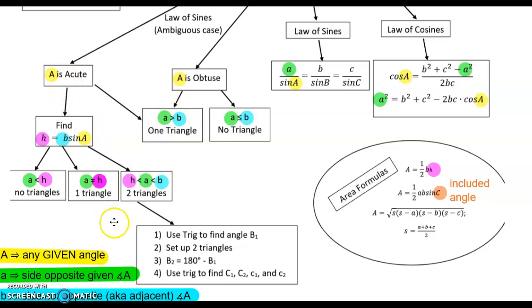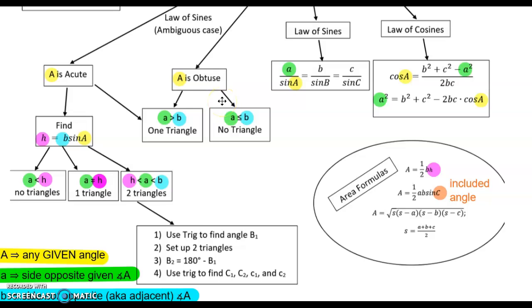Which also means that side A doesn't necessarily mean side A. It's the side that's opposite your given angle. And side B doesn't necessarily mean side B. It's the side that's not opposite the given angle. In other words, it's the side that's adjacent, or next to, that given angle. So if the given angle in your problem is obtuse, we have two possibilities, either one triangle or no triangle, and it's fairly easy to determine the difference.